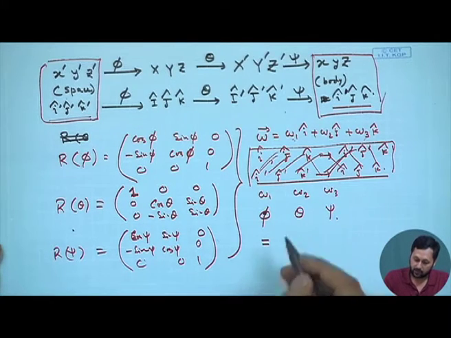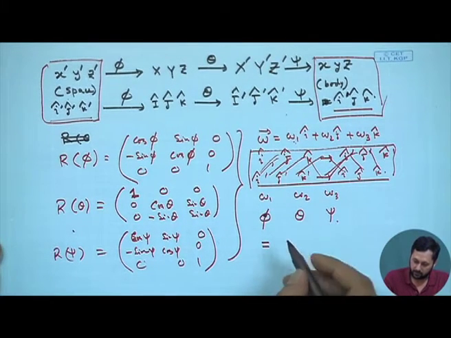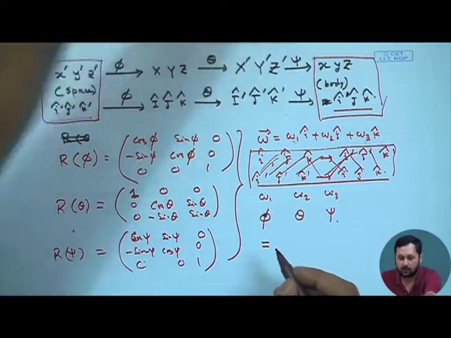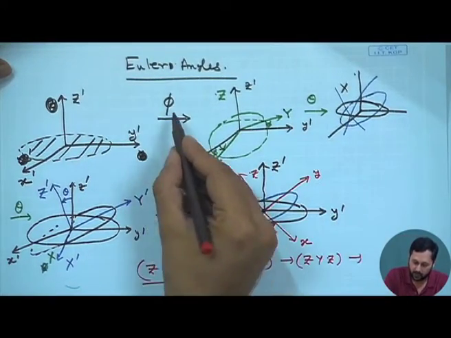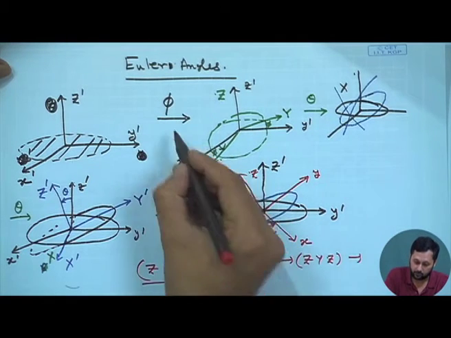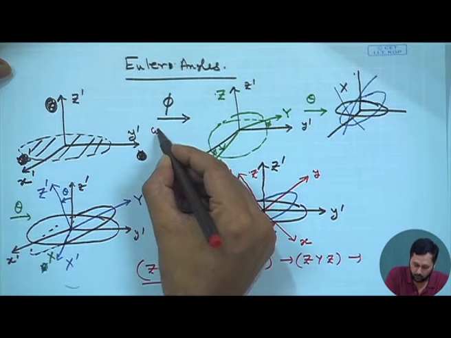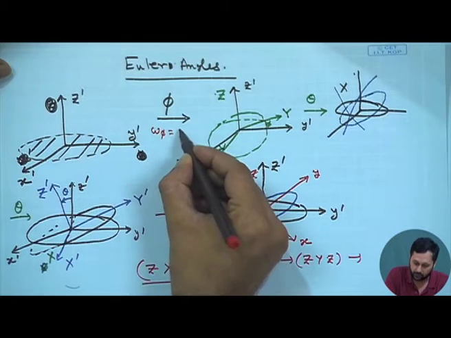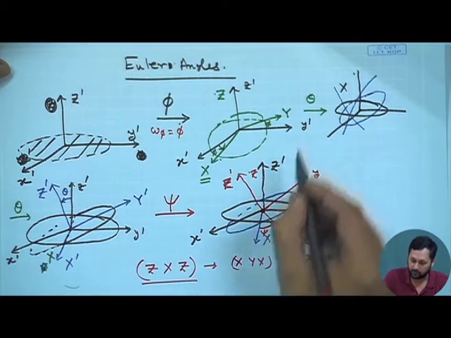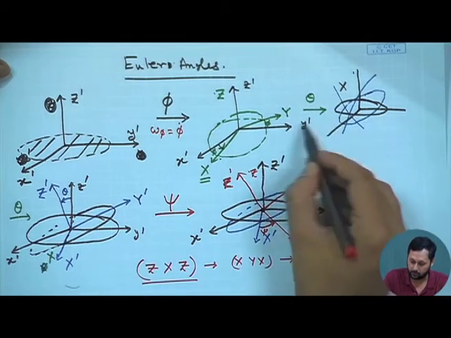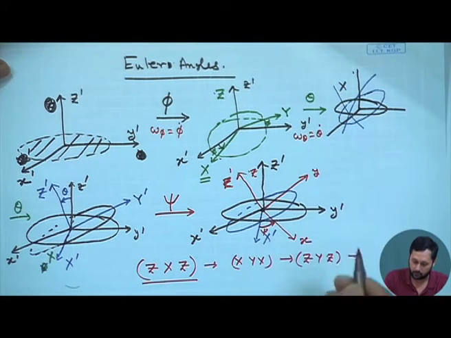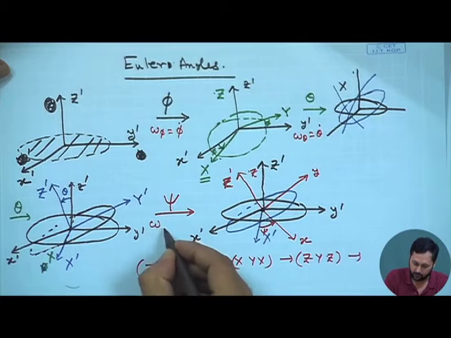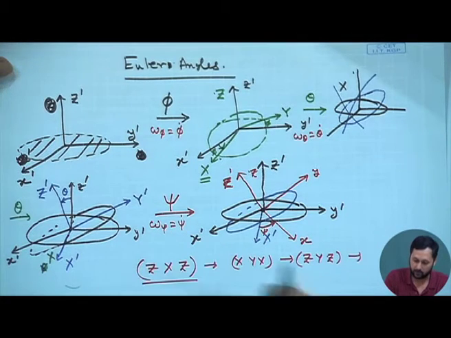But what we can begin with is writing the angular velocity corresponding to this rotation as omega phi, which is nothing but phi dot. Similarly, we can write the angular velocity with respect to this as omega theta, which is equal to theta dot, and here we can write omega psi, which is equal to psi dot.